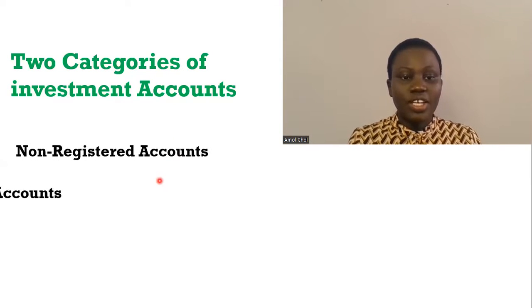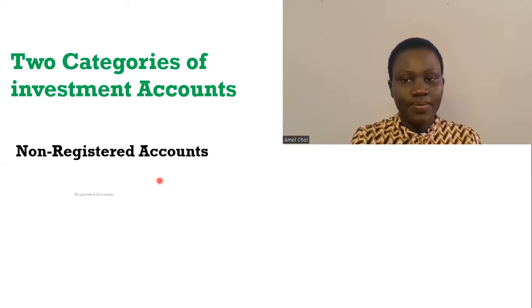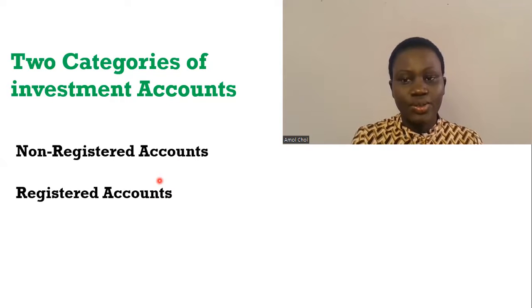The non-registered accounts are not registered with the government, but they also know what is going on in your non-registered account. So the income that you earn from there has to be added to your regular income that you earn from your job.